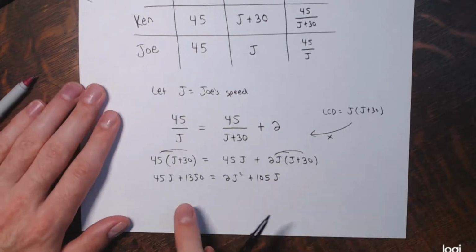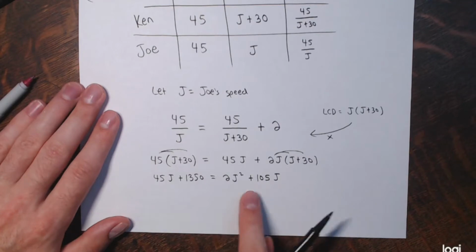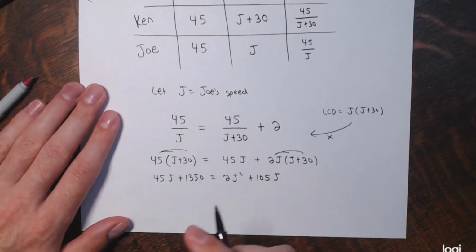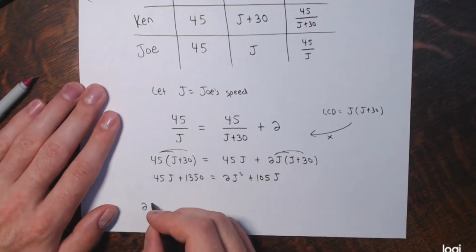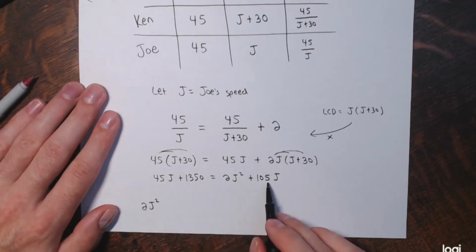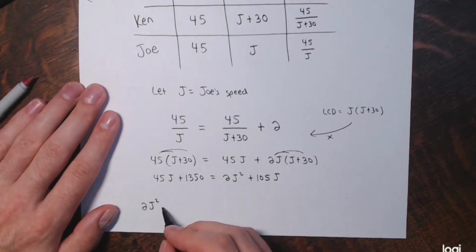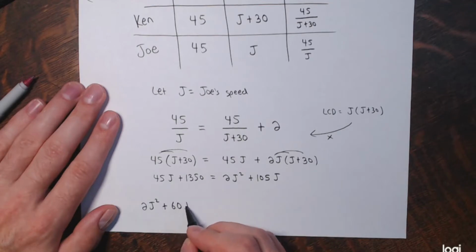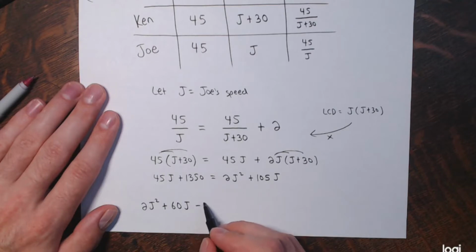Then again, I'll take away 45J, take away 1350, and then I'll switch sides so that everything's on the left. So we have 2J squared, after subtracting 45J, there'd be 60J, plus 60J, and then subtract 1350.